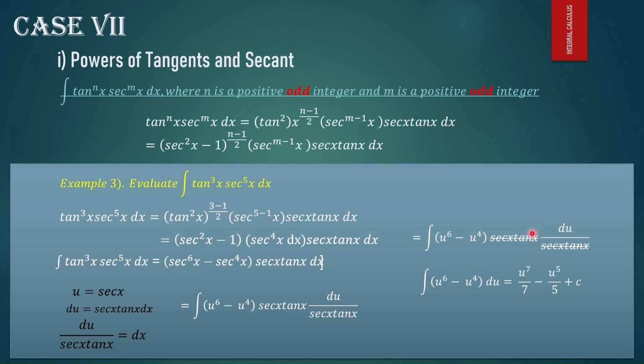By simple power rule, the integral of u raised to 6 minus u raised to 4 will be equal to u raised to 7 over 7 minus u raised to 5 over 5 plus c. Since u is equal to secant x, we substitute back and get 7 power of secant x over 7 minus 5 power of secant x over 5 plus c.